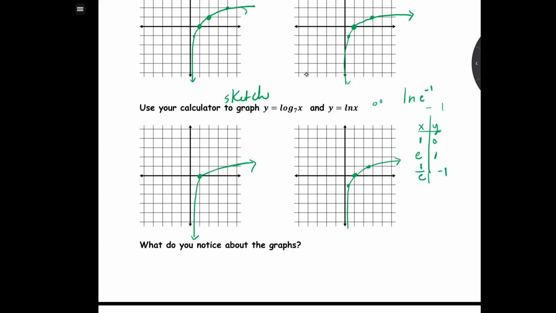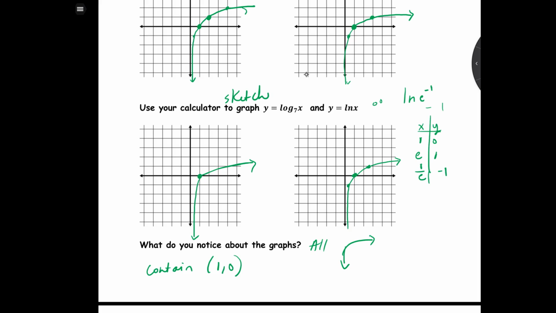What do you notice about all of the graphs, regardless of if you sketched or used a table? They all have a basic shape. Yep, they all look like this, so that's a shape to memorize. And they contain what point? Yes, they all contain the point (1, 0).